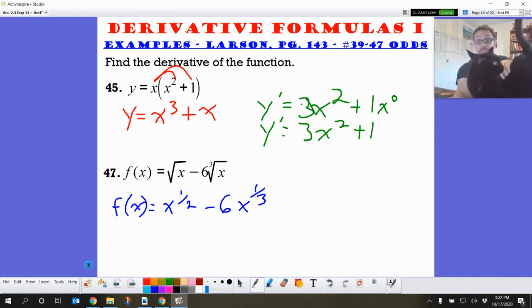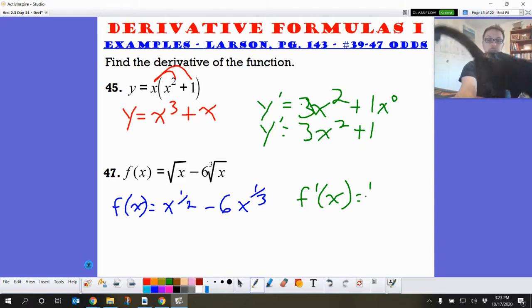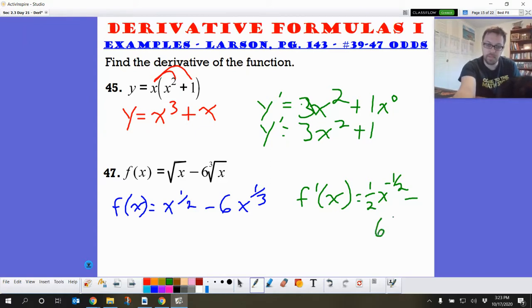So when I try to find f prime, I need to bring those exponents in front and drop them by 1, which is going to get a little weird. So I get 1/2 x. 1/2 minus 1 is going to give me -1/2. Minus, I'm going to write it out, 6 times 1/3 x. 1/3 minus 1 is going to give me -2/3.